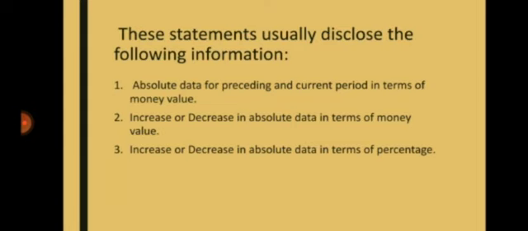Okay, and these statements usually disclose the following information. So which information? First one is absolute data for preceding and current period, that is previous year and current period in terms of money value, that is, the amounts. And the next one, increase or decrease in absolute data in terms of money value and in terms of percentage.